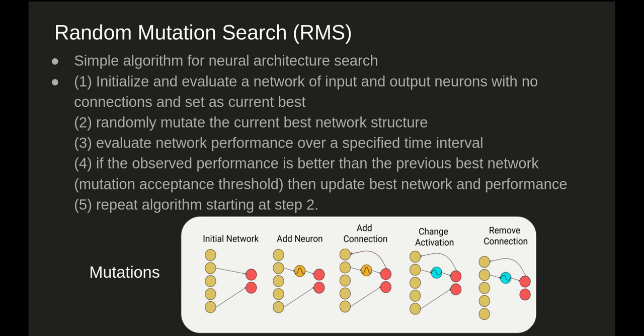There's add neuron, add connection, change activation function, and remove connection. The performance of the network is evaluated over a specified time interval, or in the case of episodic learning, an episode. And if the performance over that interval is greater than the previously accepted mutation, starting out at 0, then it is accepted into the structure.